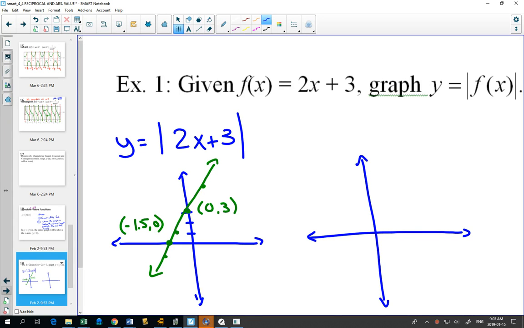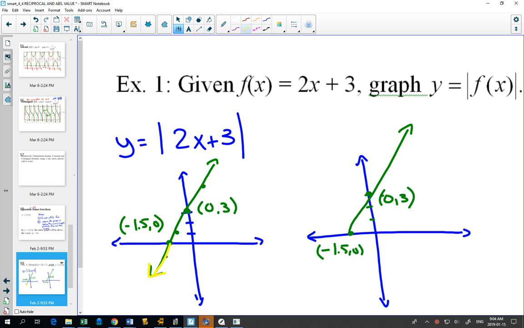Then right beside it here, if I want to graph the absolute value of that function, I need to take wherever it's below the x-axis, this section right here, where your y values are negative, and they get flipped up over the x-axis. So the parts from negative 1.5, 0 to 0, 3, the parts that were positive, this whole section stays exactly the same.